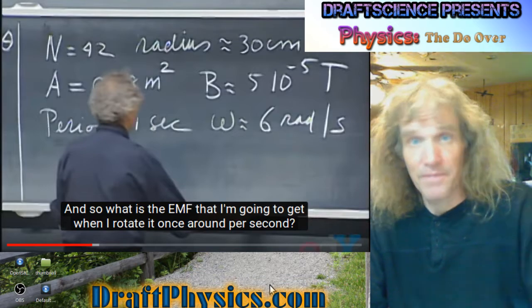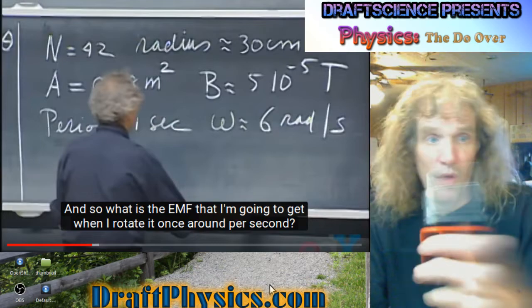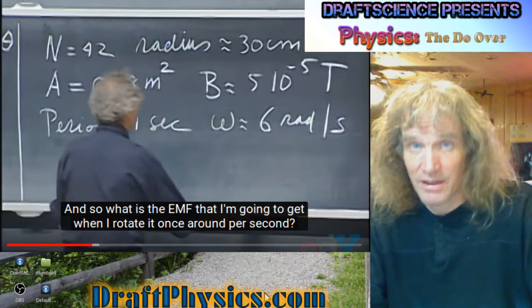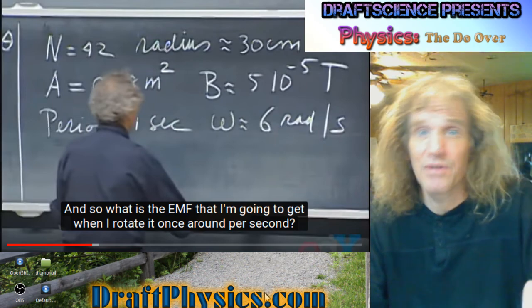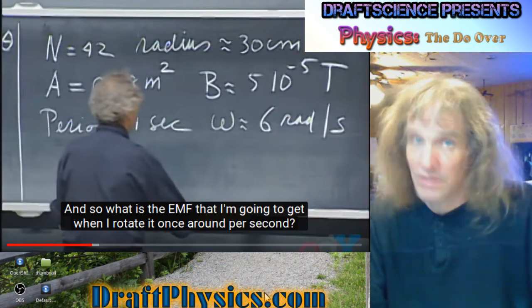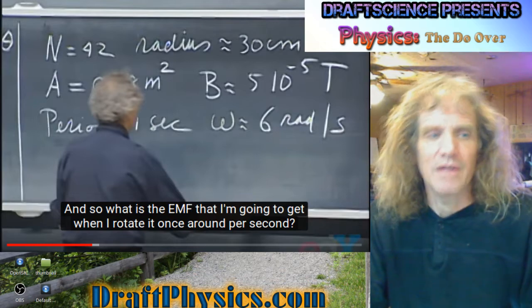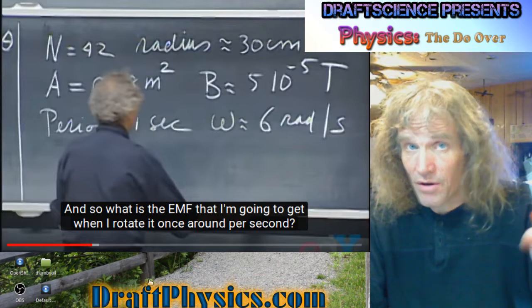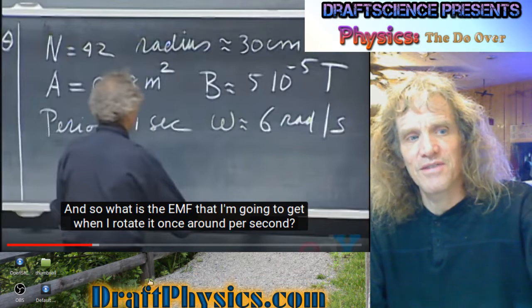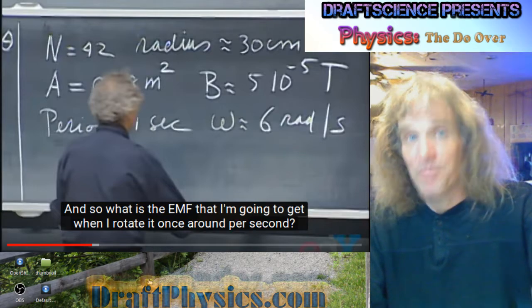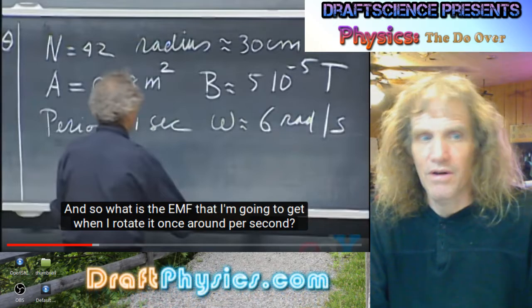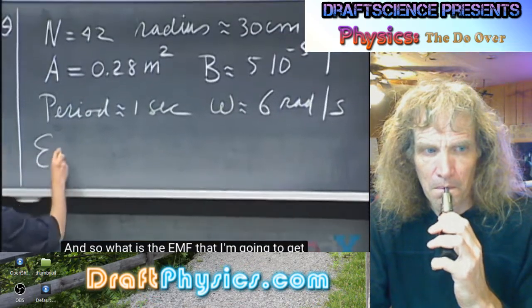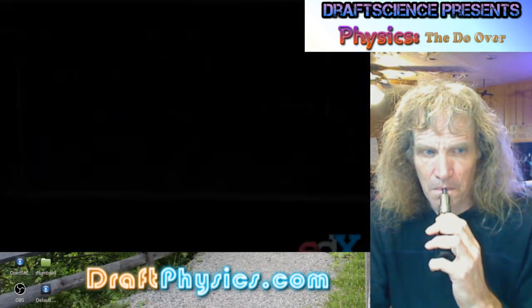The circumference, the amount of wire exposed, is the part that's really relevant, but there's a proportional relationship, so it doesn't matter which variable you use because they're proportionally related. So I would argue the formalization here isn't getting to the real cause, and it's just using variables that are proportionally related to the real cause. When I rotate it once around per second, the EMF will change as a function of time.